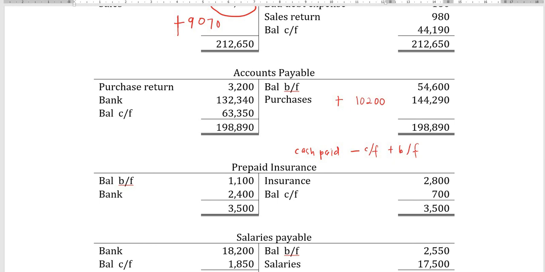Okay, so kalau you tengok, the cash paid is actually 2,400 minus CF. CF in the question is 700 ringgit, and then plus BF. BF ialah 1,100. Okay, sebab itu you dapat insurance expense 2,800 ringgit.